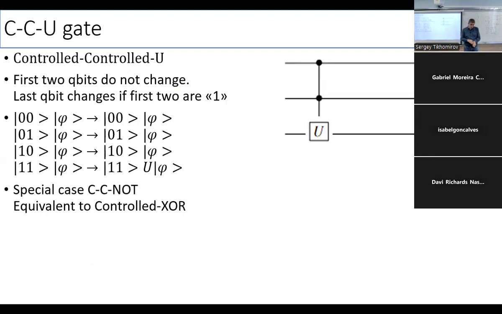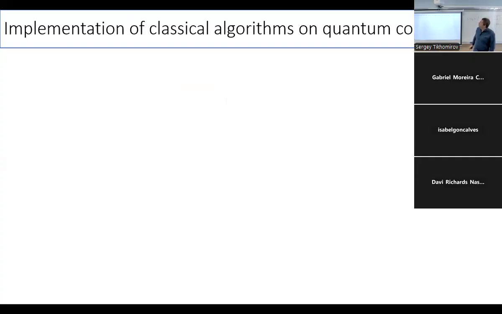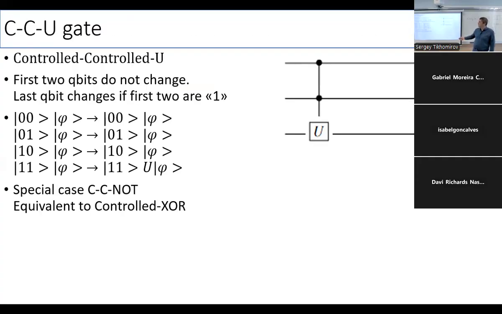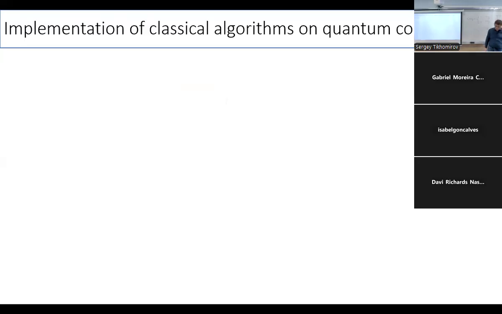First of all, if you go to certain systems like the IBM quantum system, you will see a direct implementation of controlled NOT. So you don't need to implement it yourself, it's included in the system. But still, before I show how to do this, I will say why it is so important.